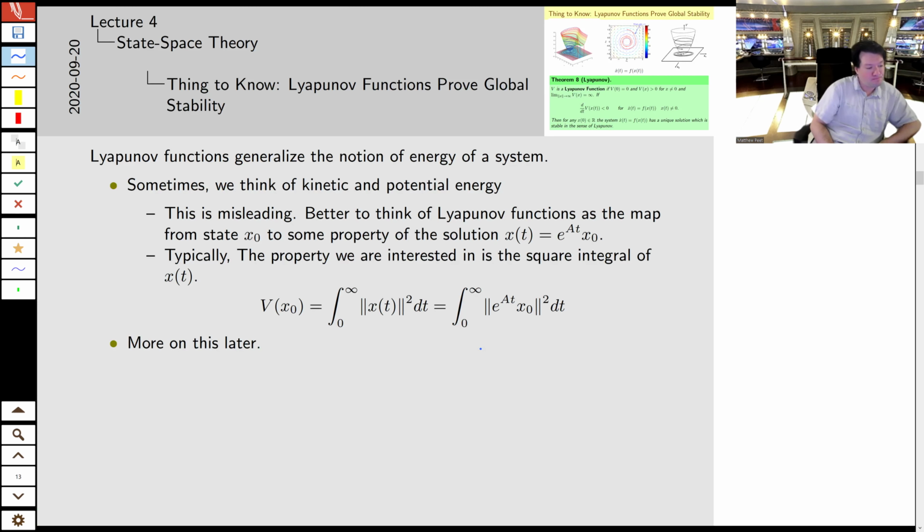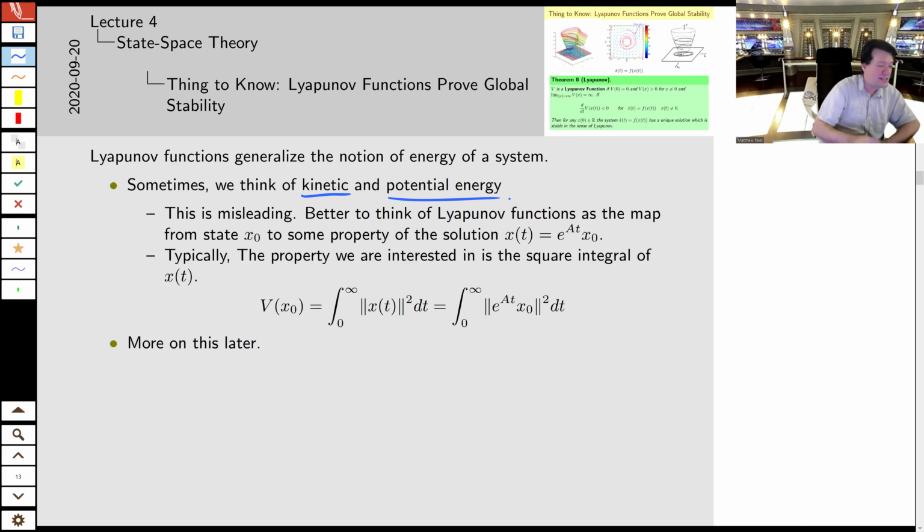Now, as I'll make this point lots of times, it's better not to think of Lyapunov functions as energy, right? Better not to think of the value of the Lyapunov function as the energy of the system. This works very well in mechanical systems where we have these ideas of kinetic and potential energy.